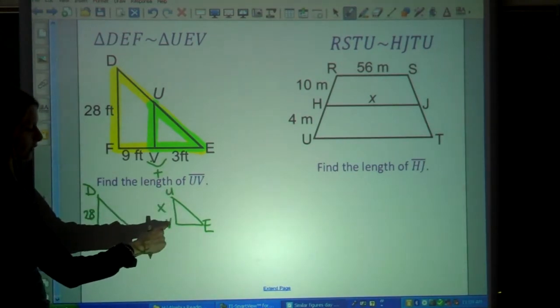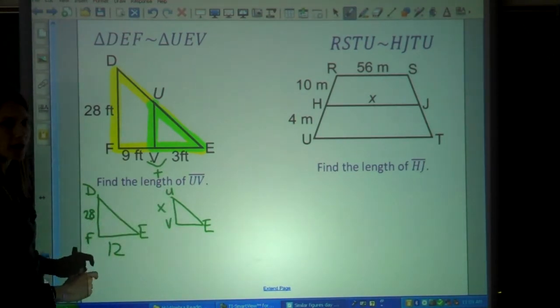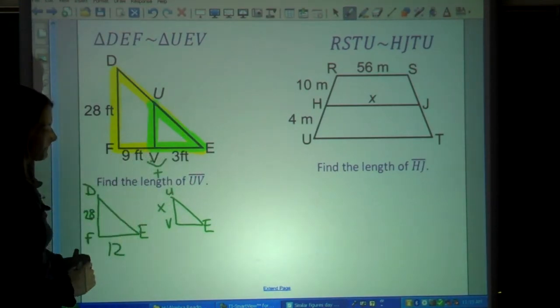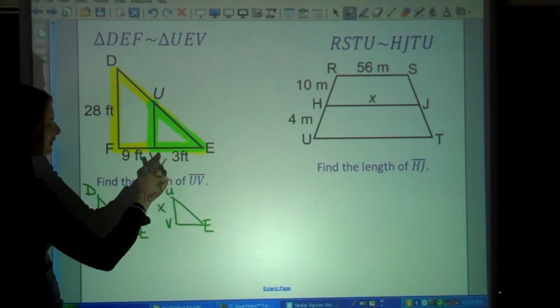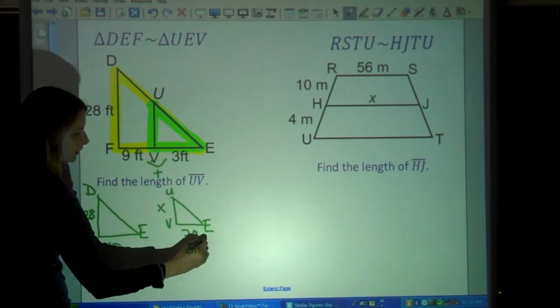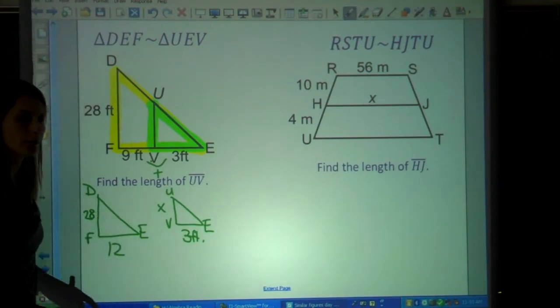Now I already know I'm trying to find UV, so I need one more side on my smaller shape. And if I look up here, I do not have UE. I do have EV, which is just the 3 feet. So now I can set up my proportion.